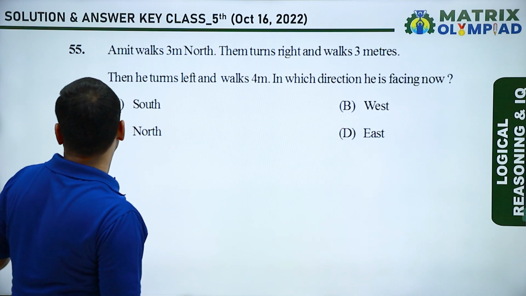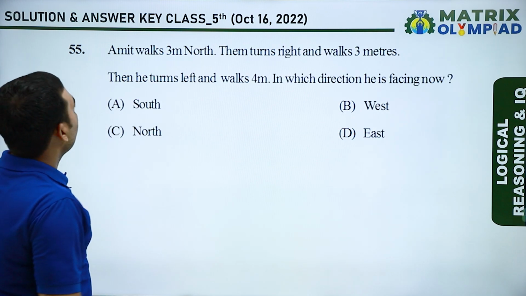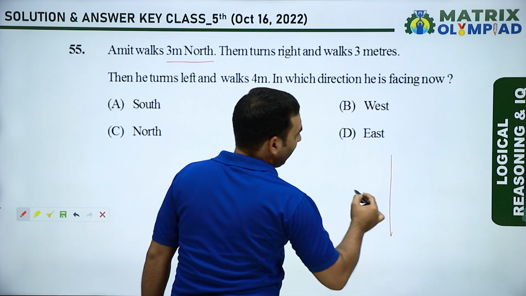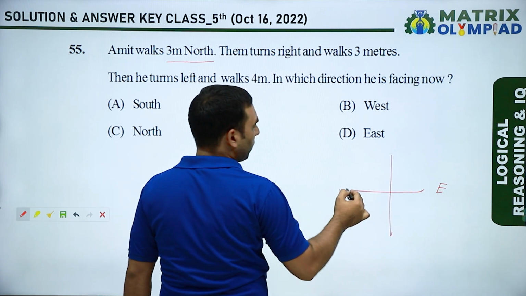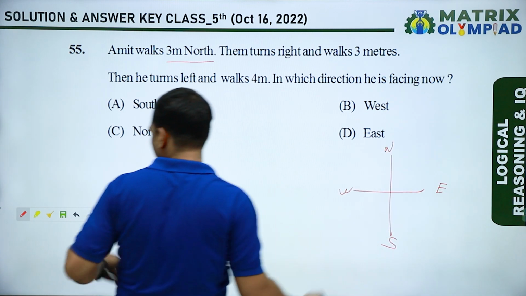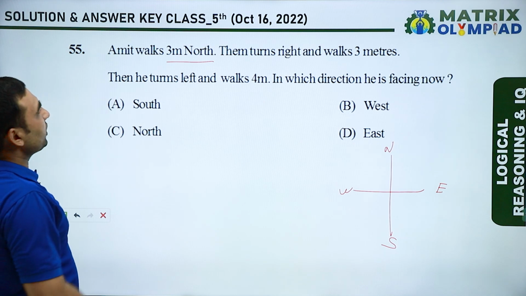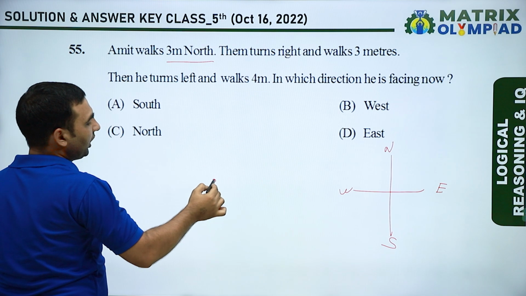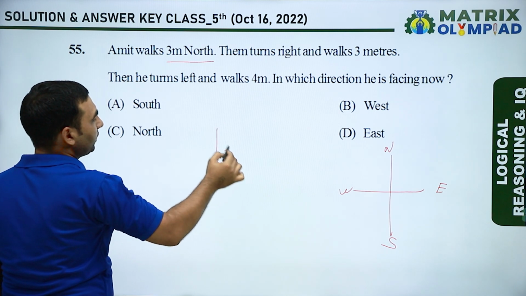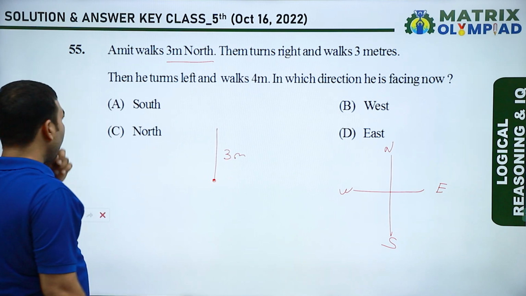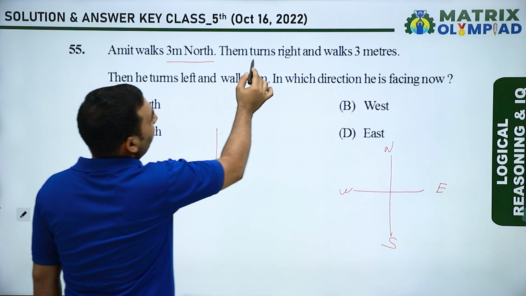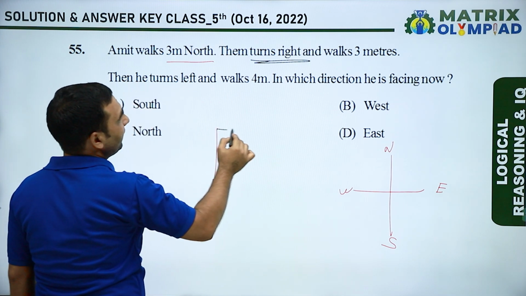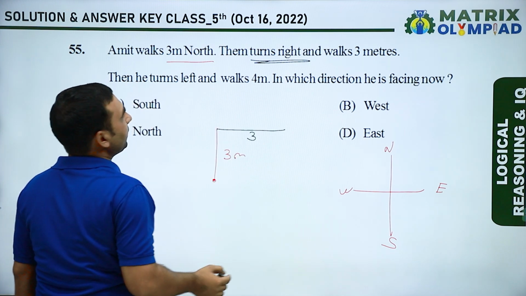Next question is question number 55. Amit walked 3 meters north. As you know, our directions are east, west, north, south. We are discussing the question. Amit walked 3 meters north. Then he turns right, then turns right and walks 3 meters.